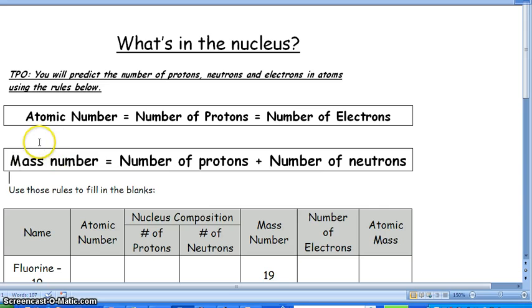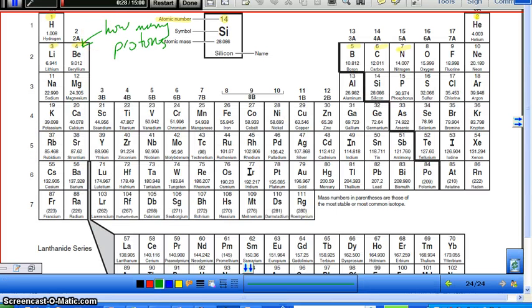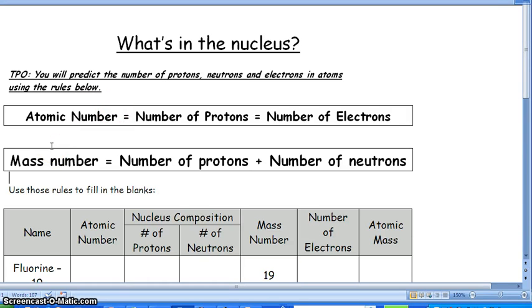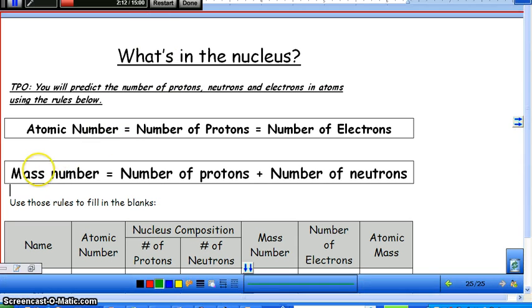Now, if we want to know the mass of our atom, we look at the number of protons and the number of neutrons. It's like the red dot plus the blue dot tells us the mass. So those two rules give you what you need for your assignment.